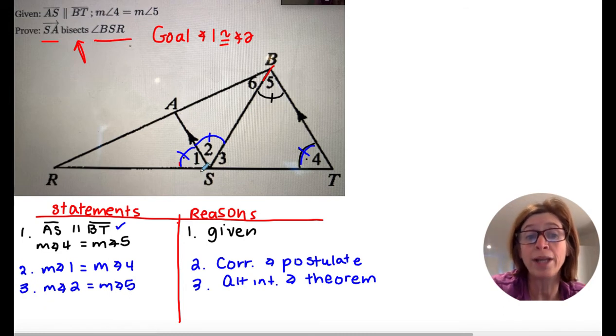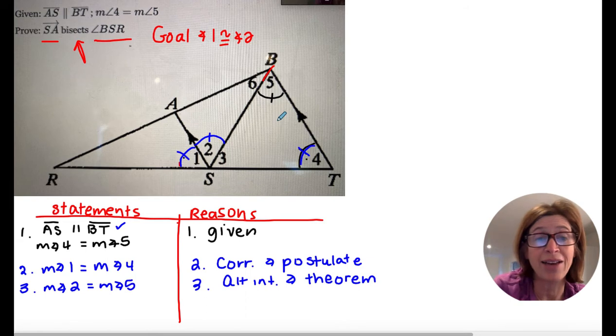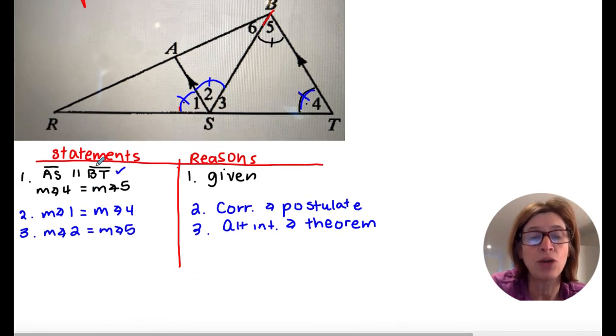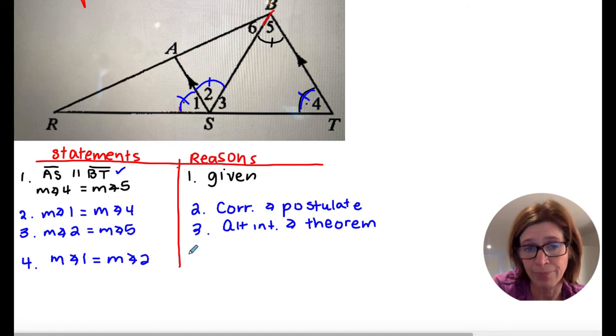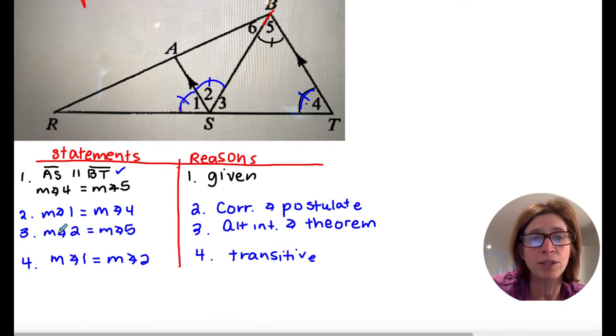So therefore 1 equals 2, okay? Because 4 equals 5. Okay, we said 4 equaled 5. So depending on how your teacher might want you to do it, I would let my students go directly to the measure of angle 1 equals the measure of angle 2 by the transitive property. But your teacher may want you to substitute 2 in for 5.